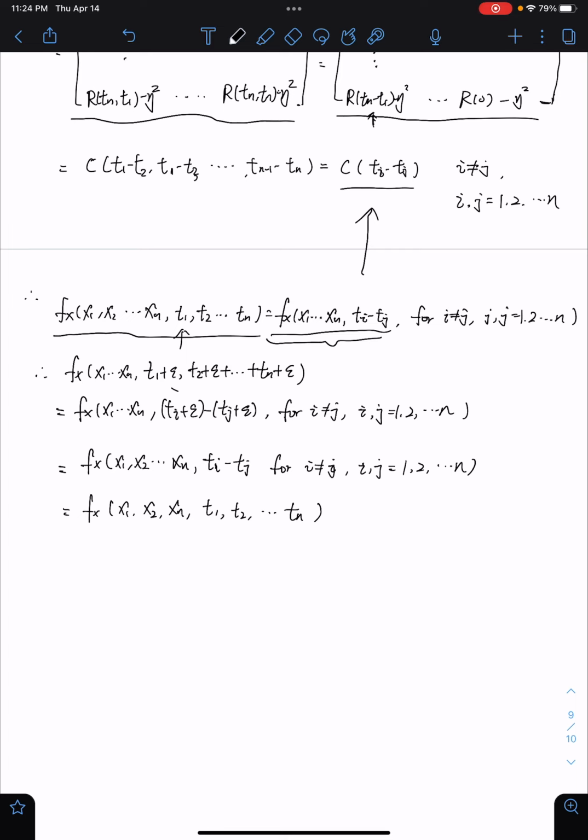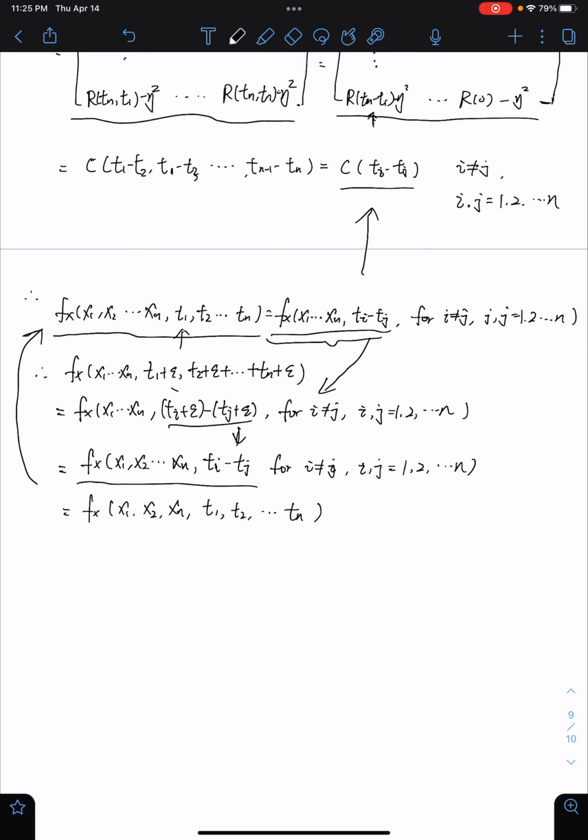Since we have these properties and we apply epsilon to ti and tj, finally we get the probability function also equal to that of x1 to xn at ti minus tj, where i and j range from 1 to n. So we have the same expression as we defined.